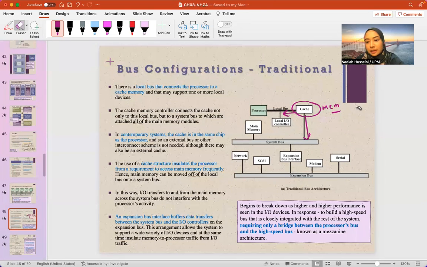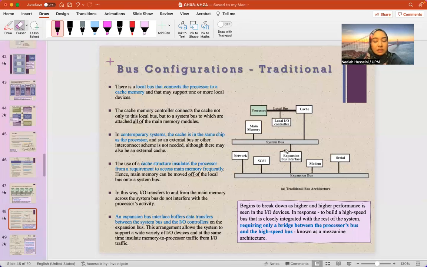This is the traditional style, and you have a system bus connected to the main memory, and the system bus is connected to the processor, but the cache acts like an insulator. And then the system bus is also connected to the IO, but via the expansion bus interface.